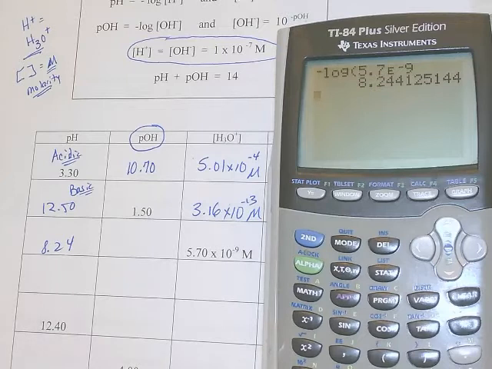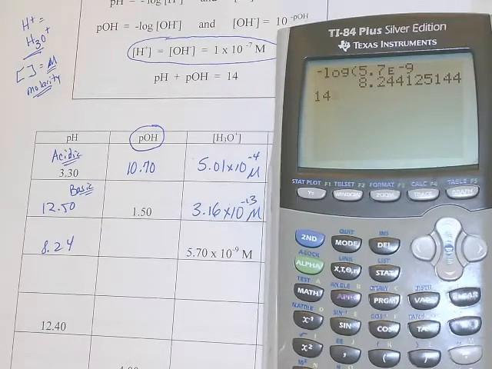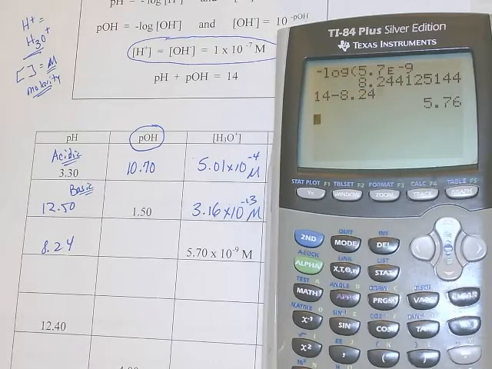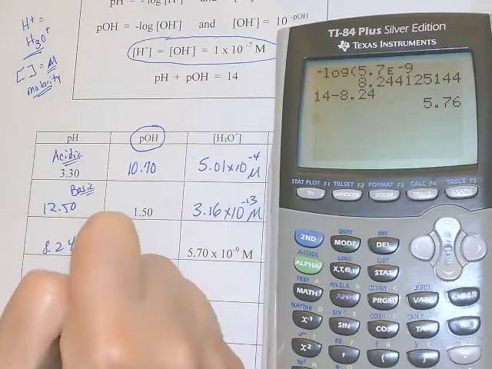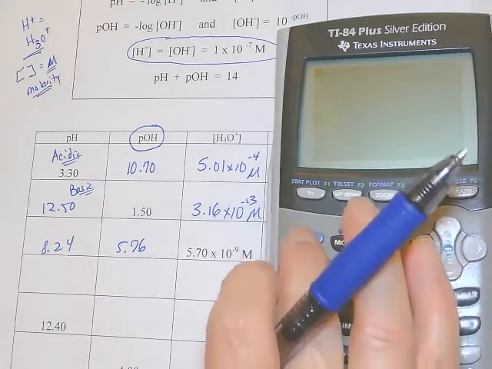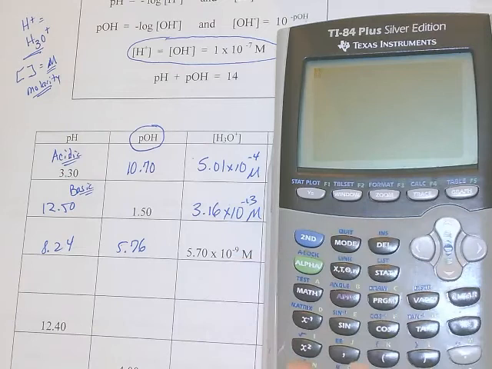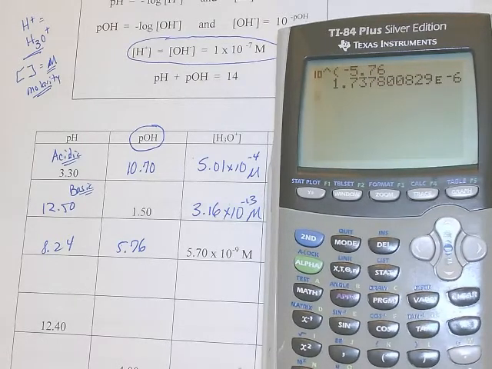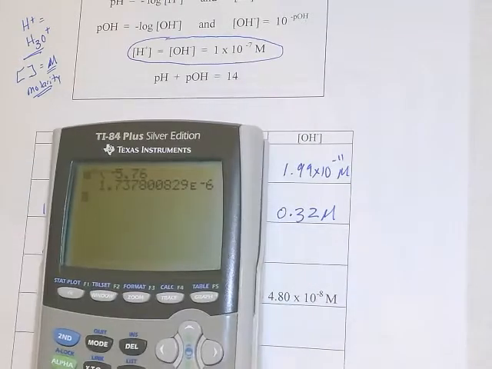Then to find your pOH, you can subtract that from 14. So 14 minus 8.24 gives you a 5.76 for your pOH. And then the antilog of the negative 5.76 gives you 1.74 times 10 to the negative 6.